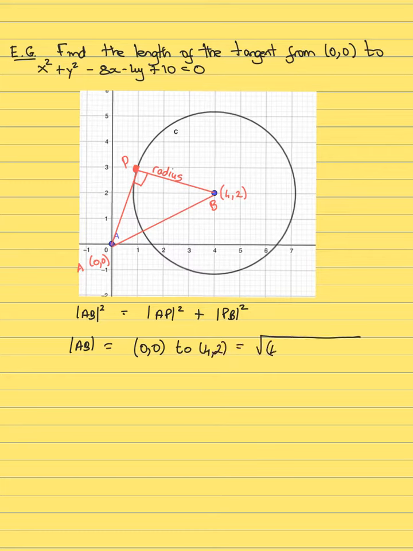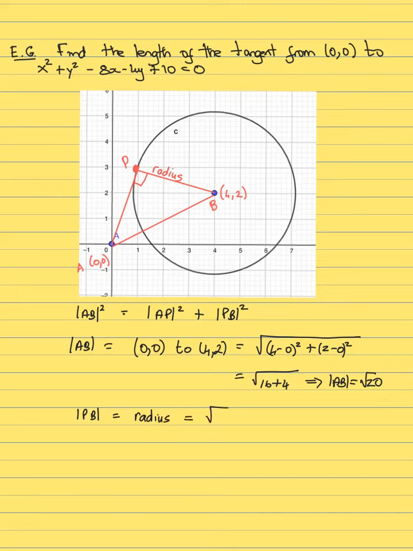So it's x2 minus x1 squared plus y2 minus y1 squared, and that just gives us the square root of 16 plus 4, and in other words the distance AB is the square root of 20.